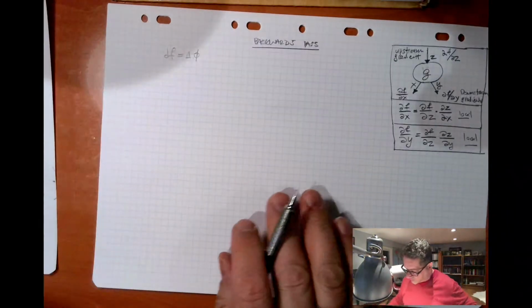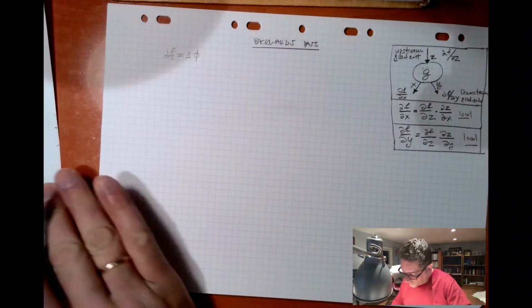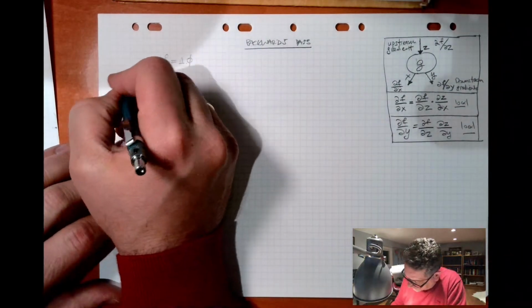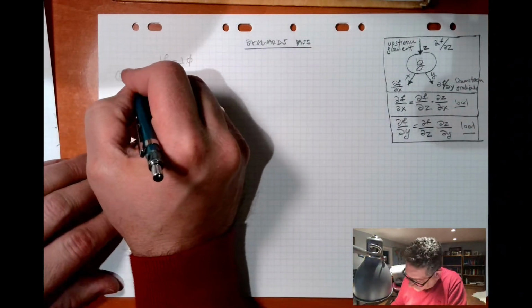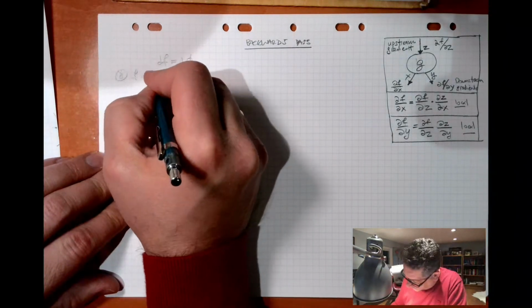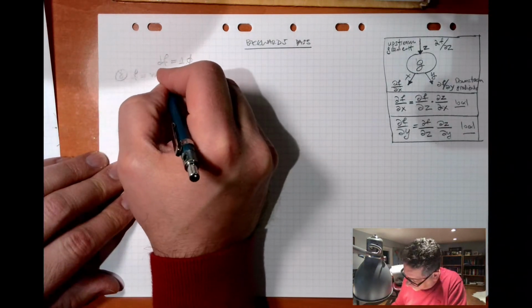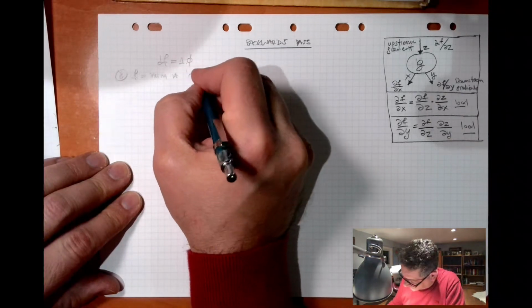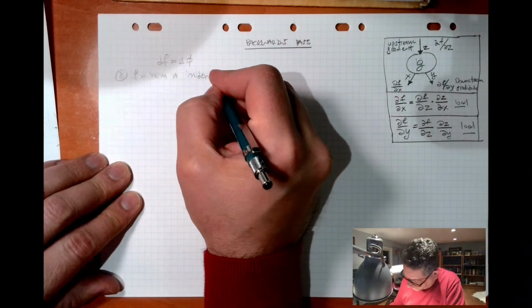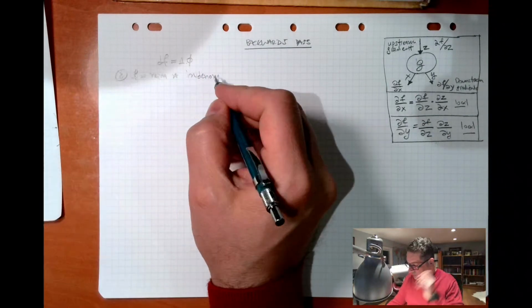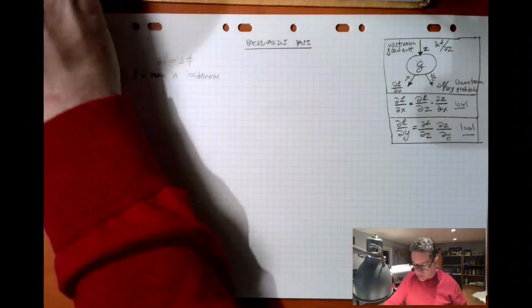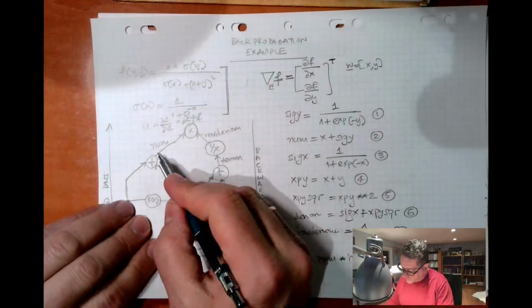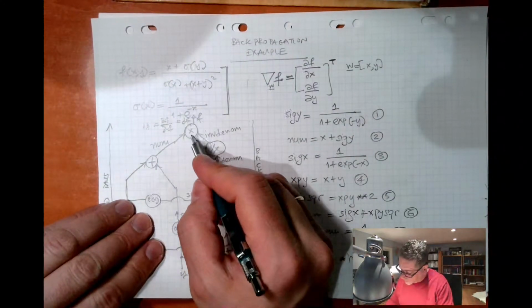So the multiplication gate was right here. Let me write down again the expression: f is equal to numerator times the inverse of the denominator. These are the variables that we have as inputs in the forward propagation to this gate.